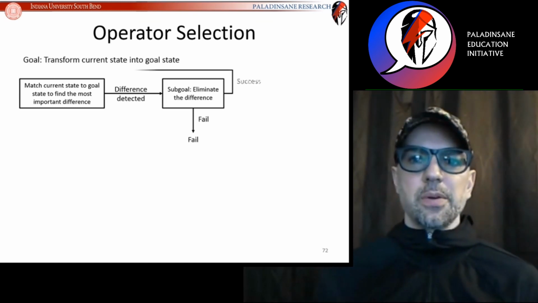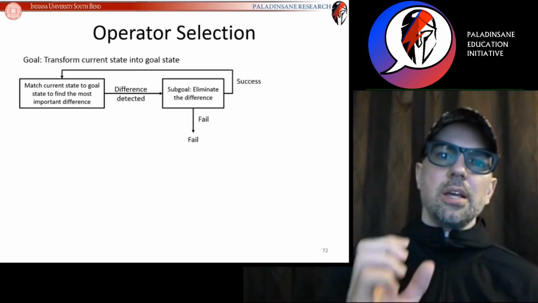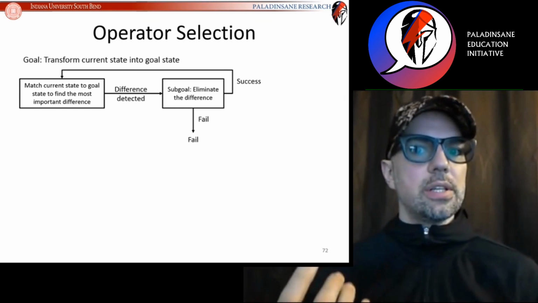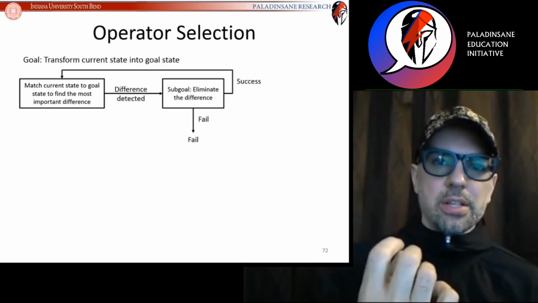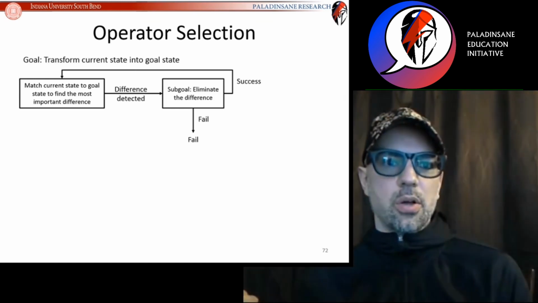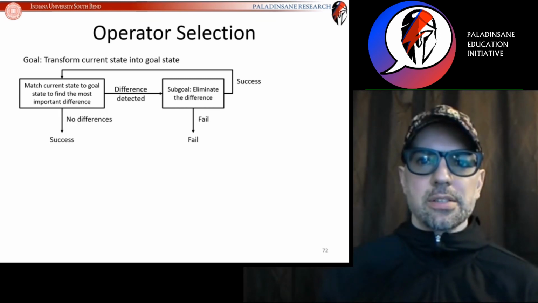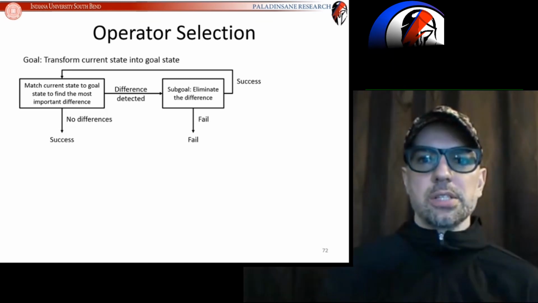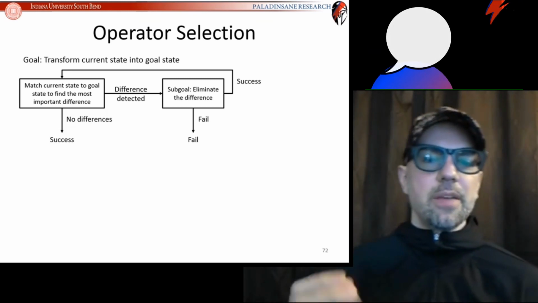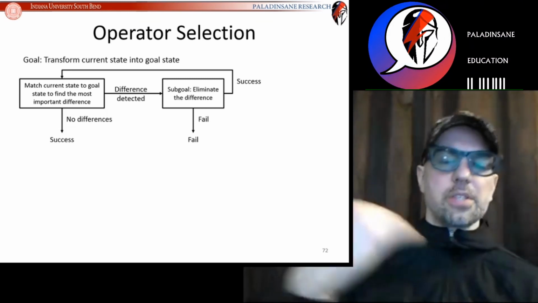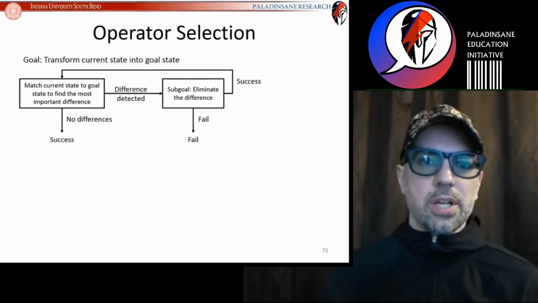If we're successful at eliminating the difference, then we're going to be in a new current state. And that current state is now going to be compared to the goal state. And if there's no differences, then we have success, right? We have successfully solved the problem. If there's no differences, we've successfully solved the problem and we're done.